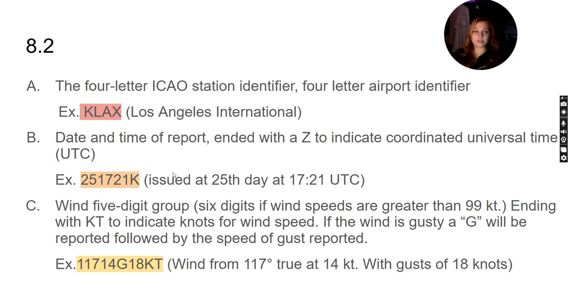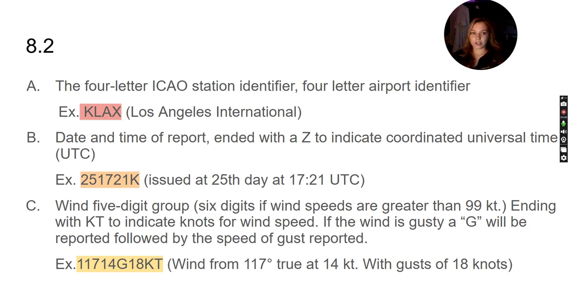All right. So first thing in the METAR is the four-letter ICAO station identifier, aka the four-letter airport identifier. So we got KLAX, which is Los Angeles International, and if there's a K before the three other letters, that means it's in the US, like in the 48 states, not including Alaska and Hawaii.